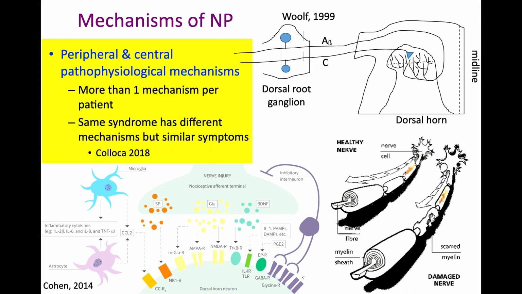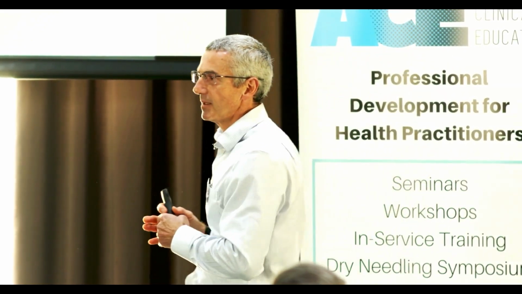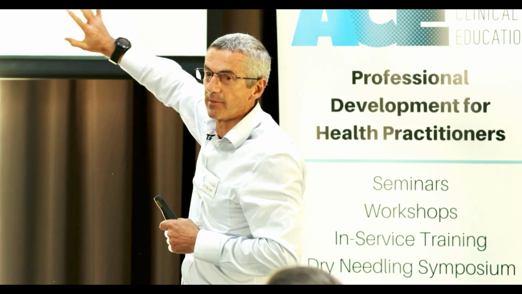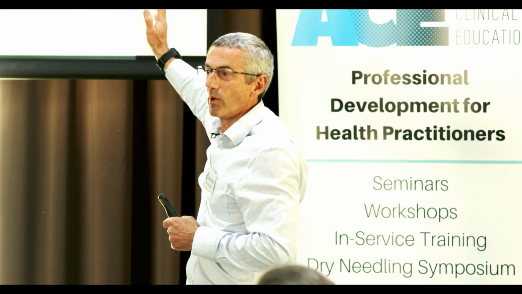The peripheral mechanisms, and I've put an example of one here, these do tend to respond well to physical treatments, and we can do something to help them. It's very complex. We could spend days just talking about these mechanisms, but that's why I think it's important to understand that we have pain because of these underlying mechanisms, and if we can understand about them, we can then understand which patients will respond to which treatments.